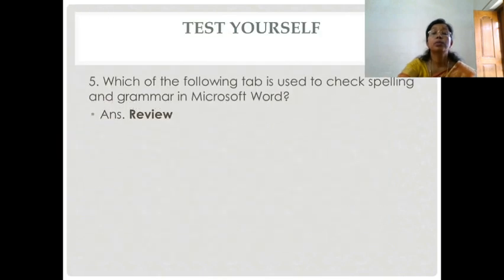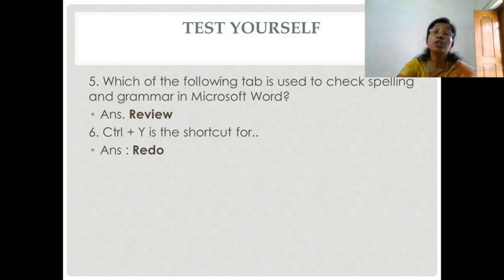Now the fifth question, which tab is used to check spelling and grammar in Microsoft Word? The Review tab. Ctrl plus Y is the shortcut used for redo.